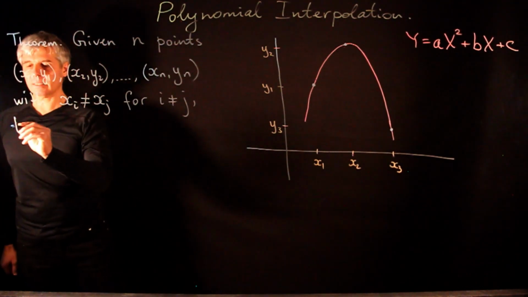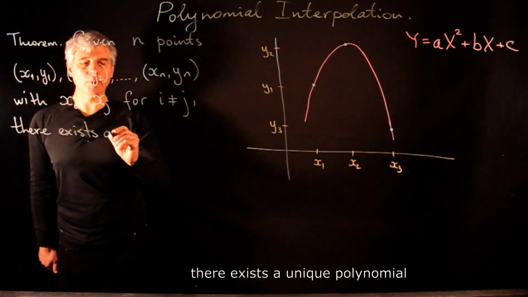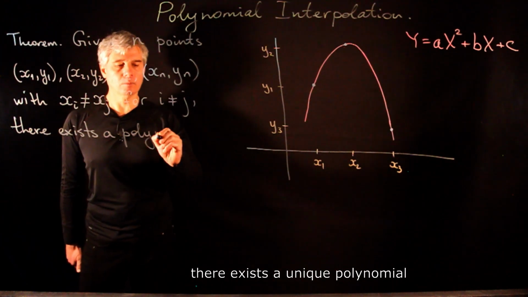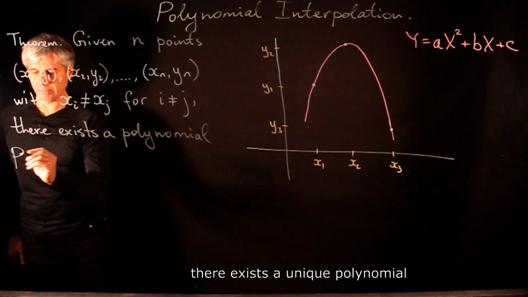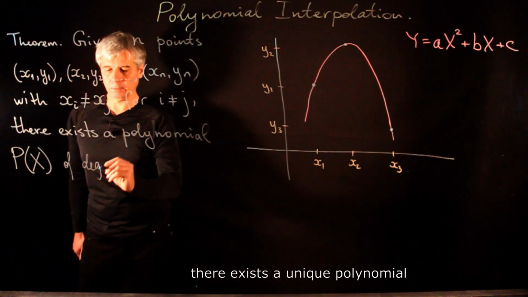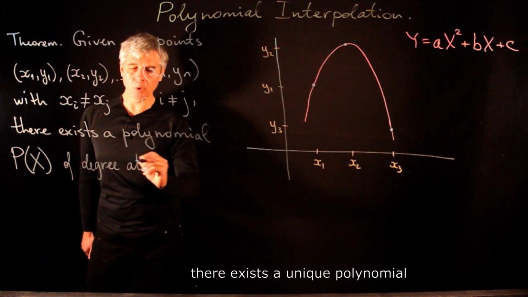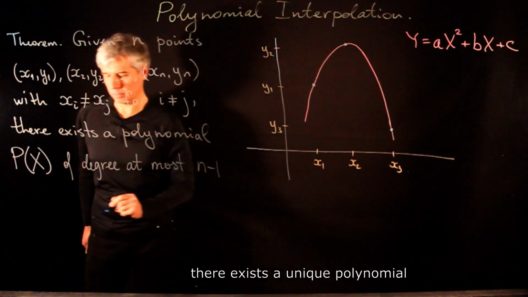So there exists a polynomial p of x of degree at most n minus 1.